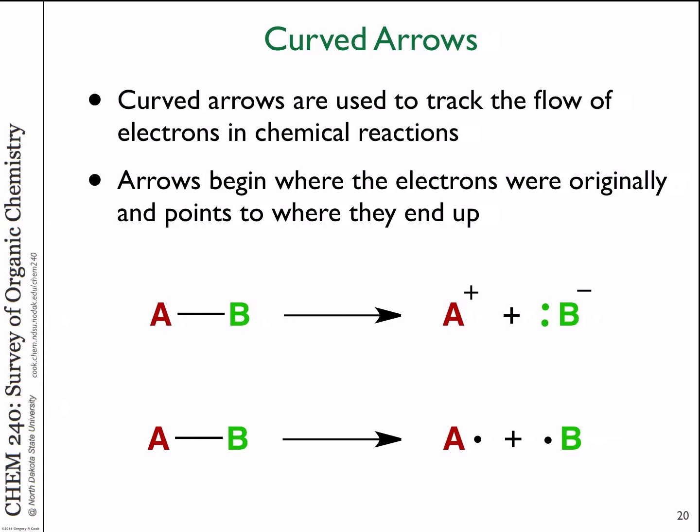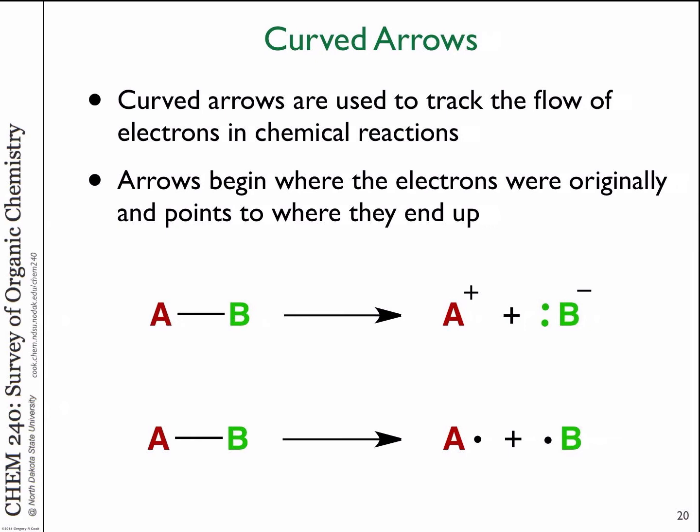These are describing reaction electron flow. So they're curved wherever we're drawing it, and begin where the electrons are originally and point to where they're forming a bond to, or moving to.